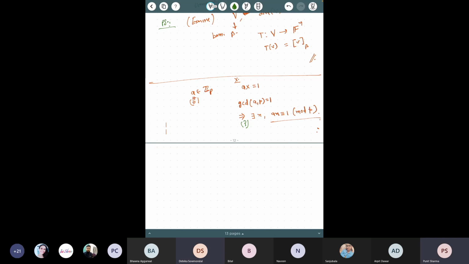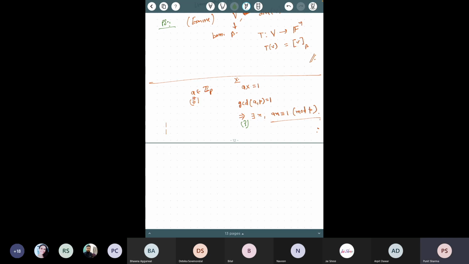This X will depend on A, but you don't exactly have to write it in terms of A. You just need to find X that satisfies this condition. You can find this X this way, because GCD of A and P is equal to 1.